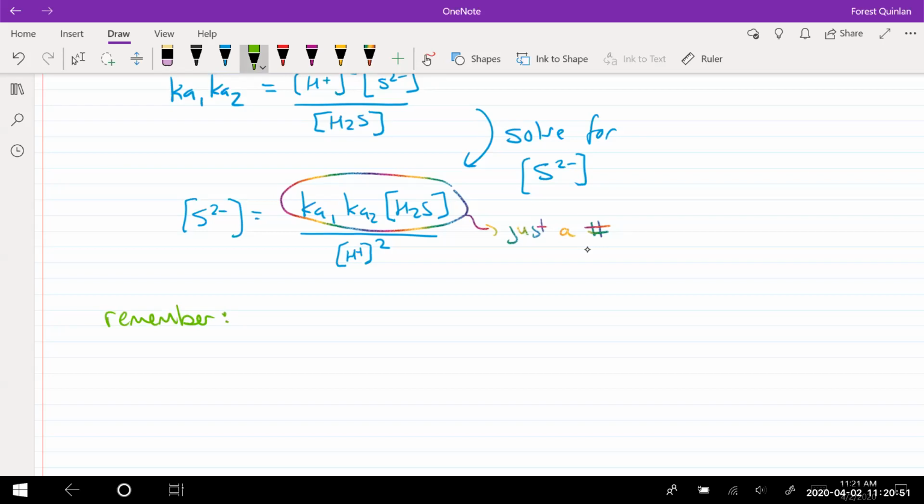So let's remember, we had that Ag2S goes back and forth to make a couple of Ag pluses and an S2 minus.